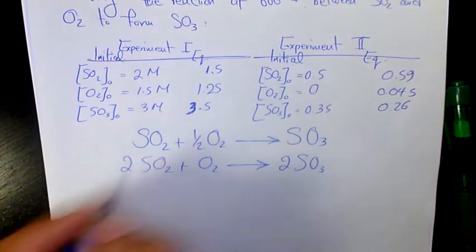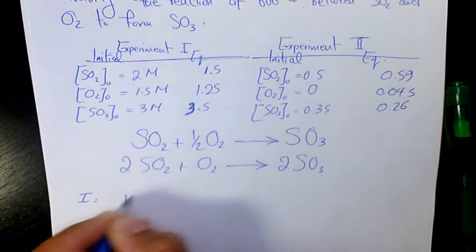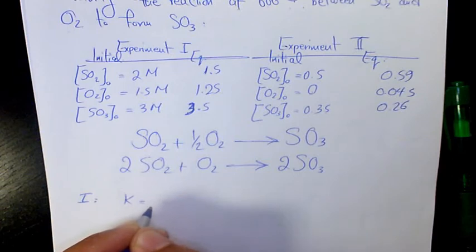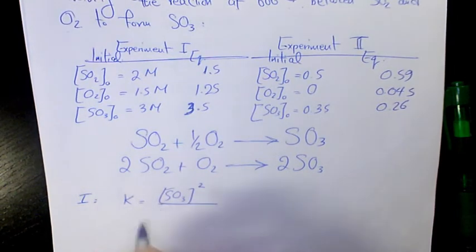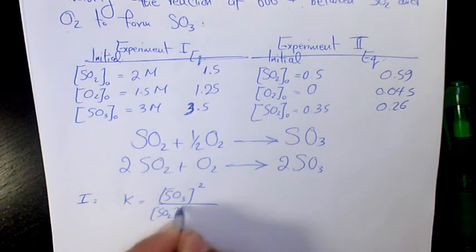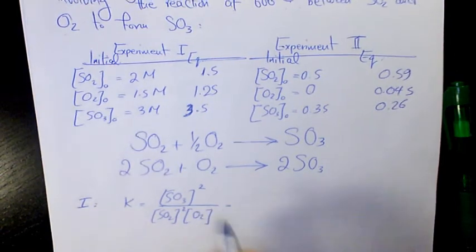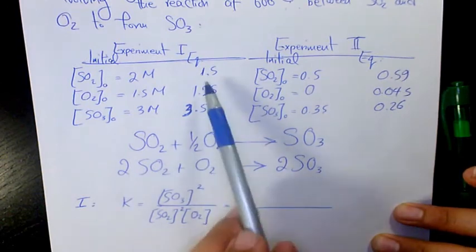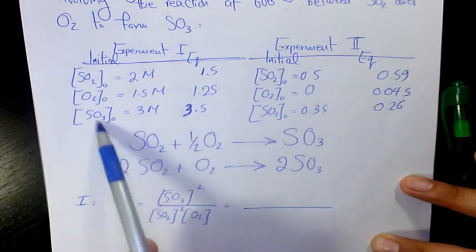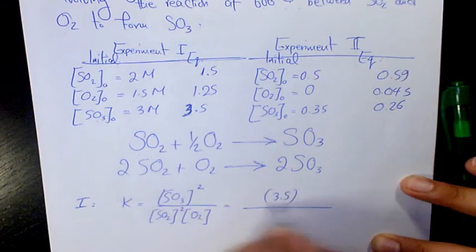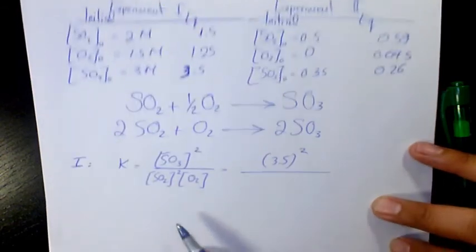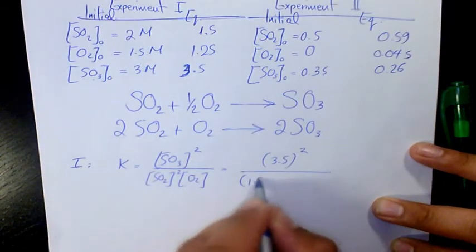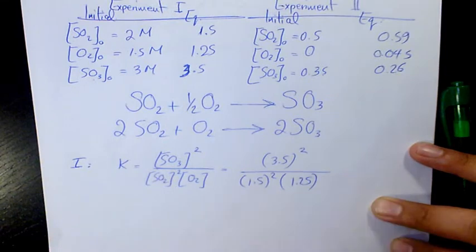So for experiment 1, K will be SO3 to the power of 2 divided by SO2 to the power of 2 times O2. So we need to use the equilibrium concentrations, which for SO3 is 3.5 to the power of 2, divided by, here we have SO2, 1.5 to the power of 2 and 1.25.